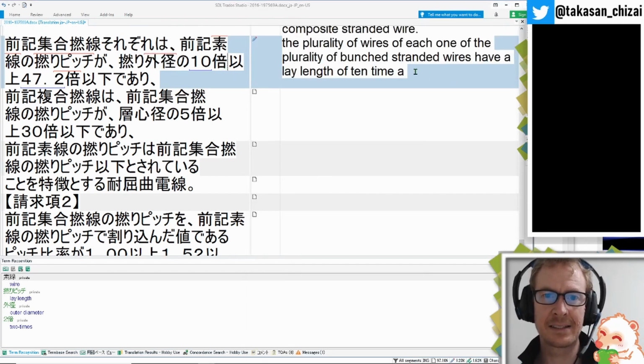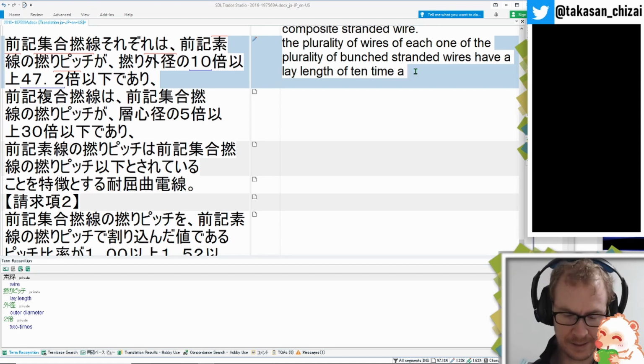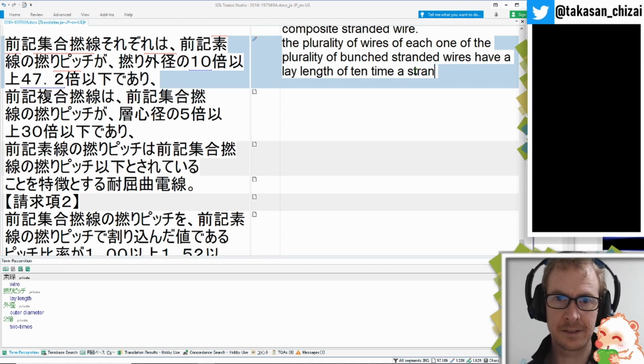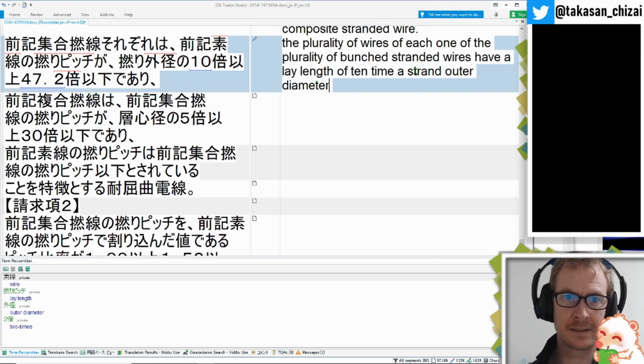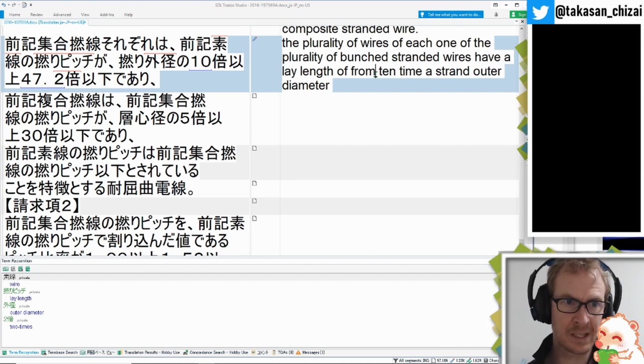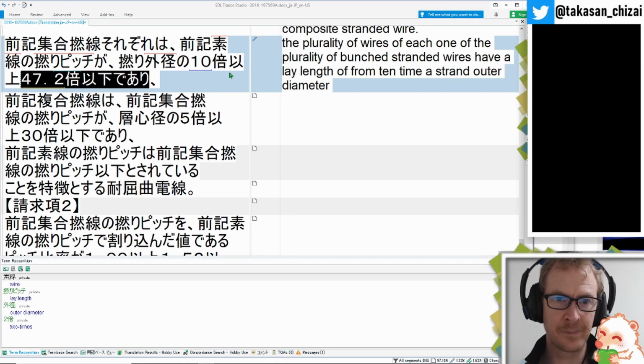So 10 times a strand outer diameter. Now it's a range. We've got a range from this value to this value.